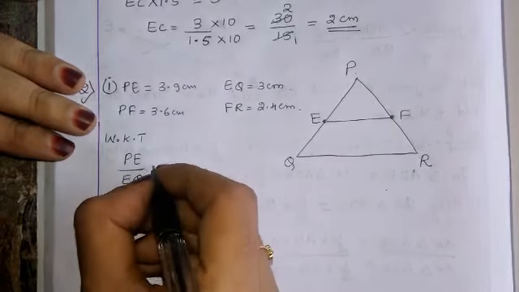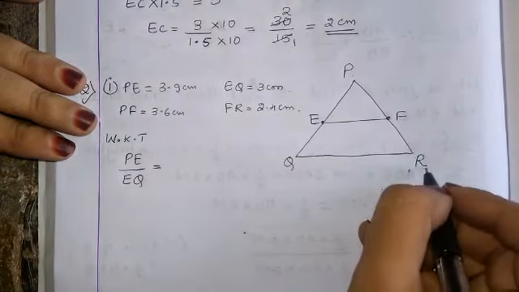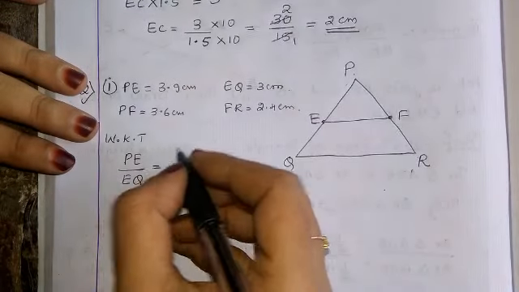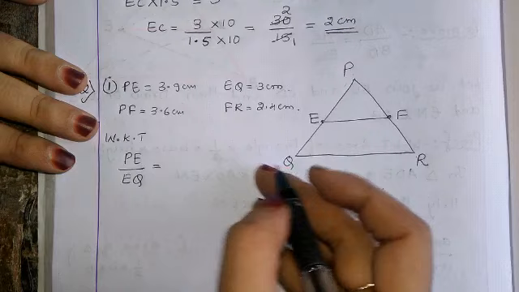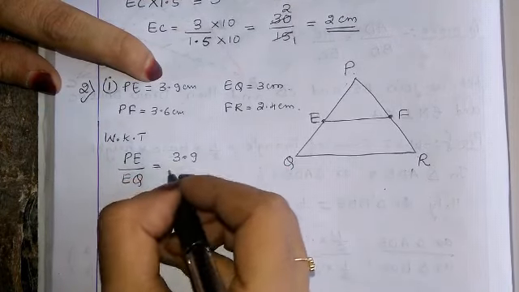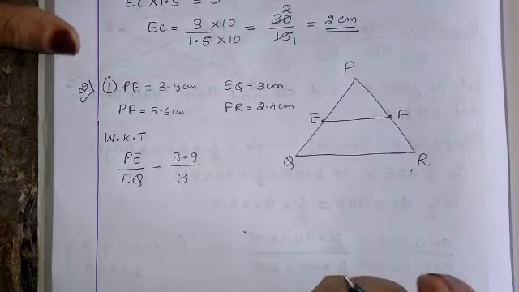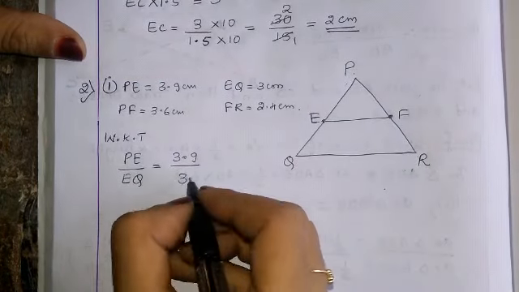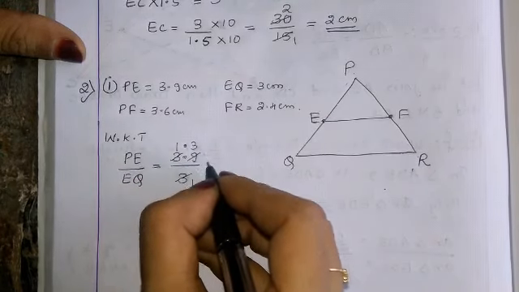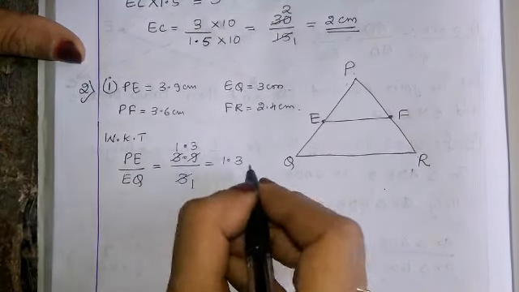By BPT we know that PF by FR, if it is equal, then they are parallel. PE by EQ: PE is 3.9, EQ is 3. Three 1s are 3, point as it is, three 3s are 9. 1.3 is the answer we got.